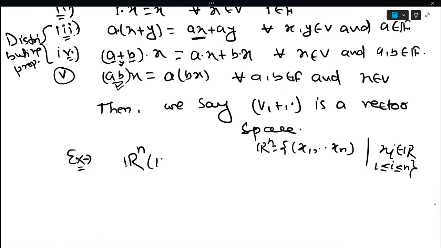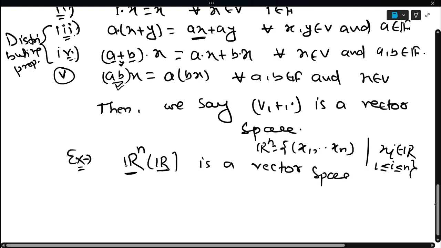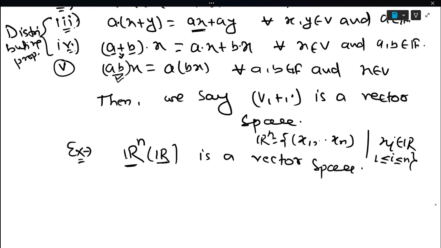Now Rn over R: if we take the field as R and V as Rn, it is a vector space. One can check all the properties of a vector space on one's own.